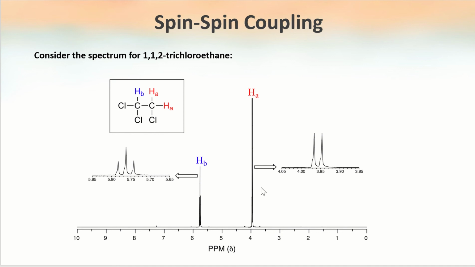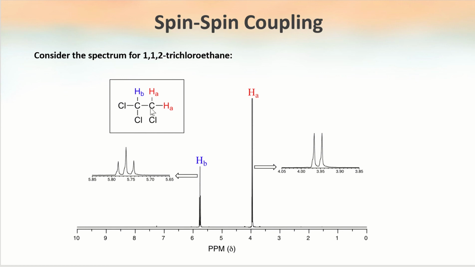That is whether or not it's a singlet, doublet, triplet, etc. For our HB, that is the hydrogen labeled B, we can surmise that N would be equal to 2 here because we have 2 neighboring hydrogens.